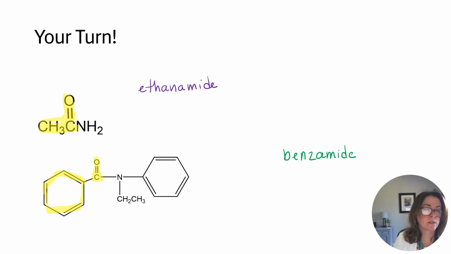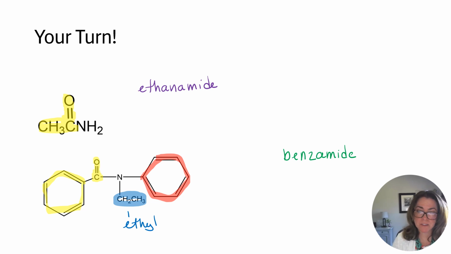All right, now this is a tertiary amide. So I have two groups here. I have, we'll do this in blue, an ethyl group right here. And I guess we'll do this in red, I have a benzene ring right here. What do we call it? Let me write these out. So this is an ethyl. Remember, when we are looking at a benzene ring as a substituent, it is called a phenyl.